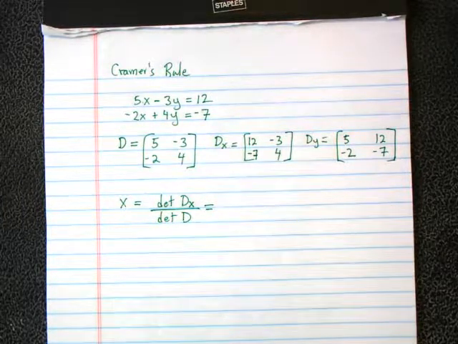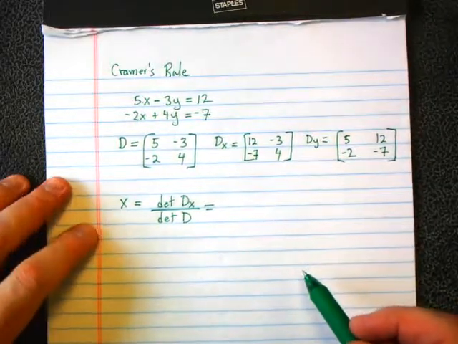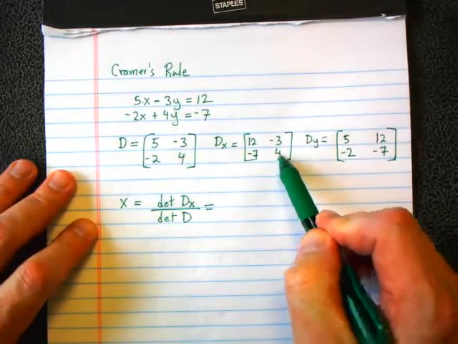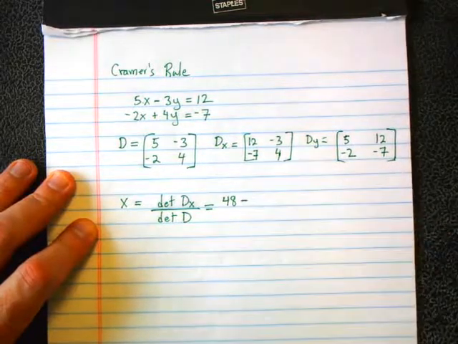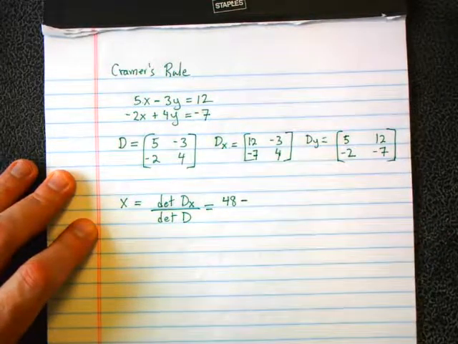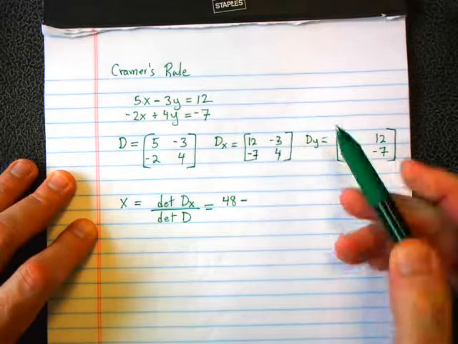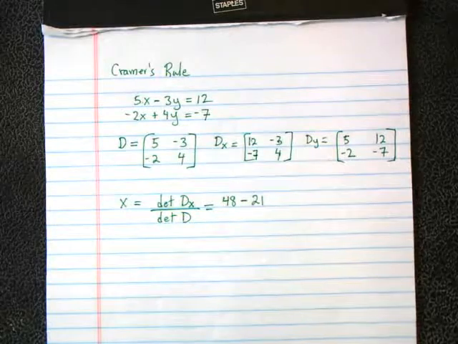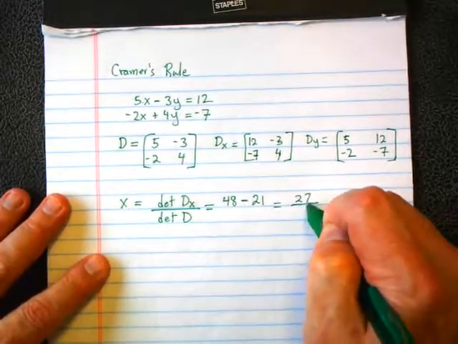You don't have to do it all at once. Tell me what you would do. 69? So what you did is you took 12 times 4, and that was 48, minus, I think you made a mistake trying to do it all in your head, because negative 7 times negative 3 is 21, but it already had a minus in front of it, so it's 48 minus 21, which is 27. So it's going to have 27 on top.